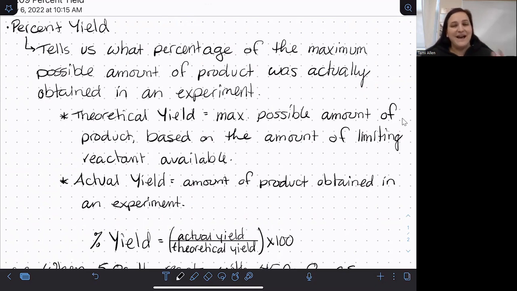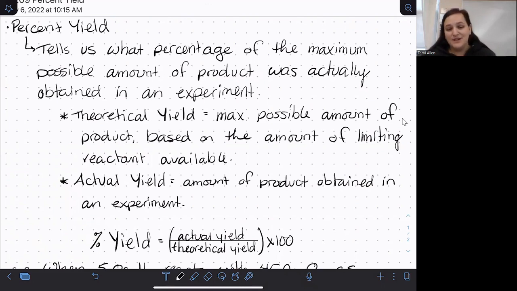You can't have actually made more product than was possible, but for some reason it looks like you did, because there's something else in your sample. Maybe it didn't dry, like I mentioned earlier, or maybe you ended up isolating multiple products that you need to purify. So yes, you can calculate a percent yield above 100. No, you can't actually have produced more product than was possible. Physics says no to that.